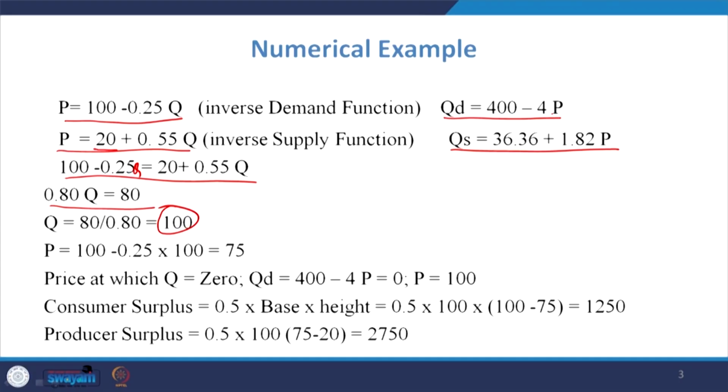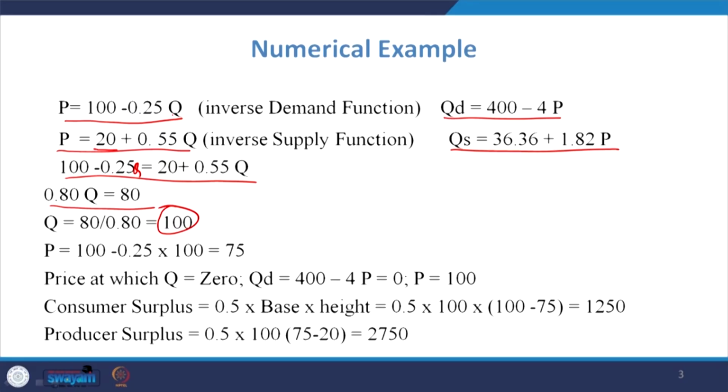Or from the price function, P equal to 100 minus 0.25 Q, and since Q is here 100, 0.25 multiplied by 100 is 25.